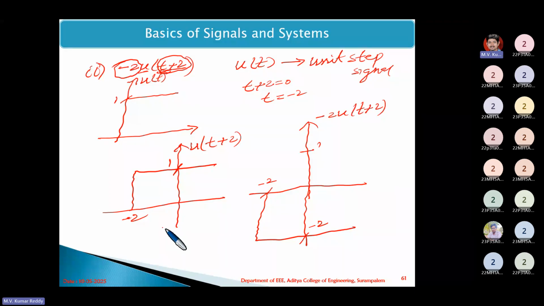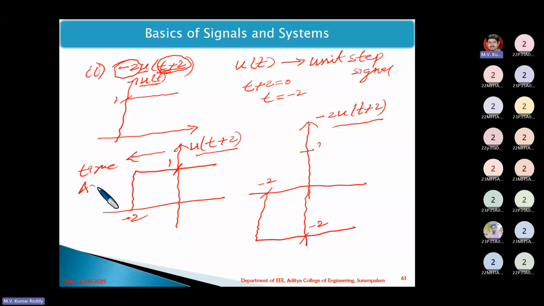For every waveform here we have to write what we are going to do. Very important. Here time is shifted to left side. So what is this one called? Time advanced.